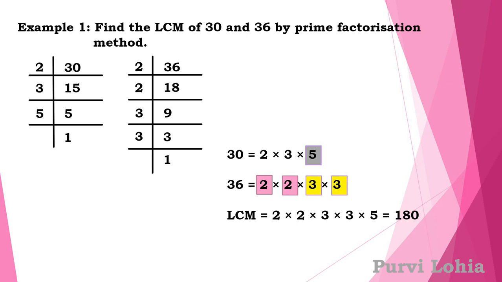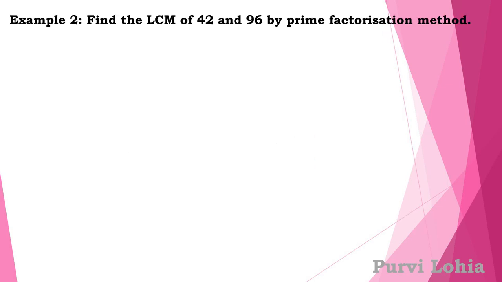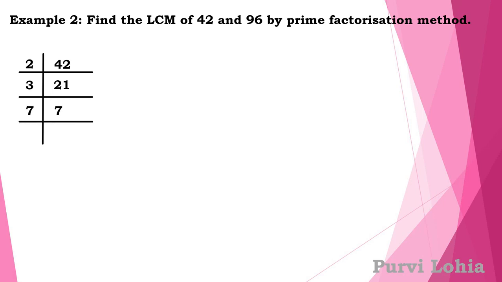Let's see another example also so that it becomes clear. Find the LCM of 42 and 96 by prime factorization method. So 42, first number will be 2, it will give 21, then 3, it will give 7. So finally we get 1, and 96 will be written as 2.